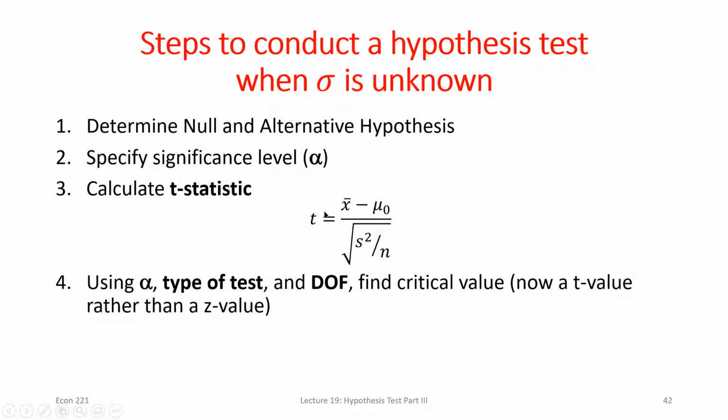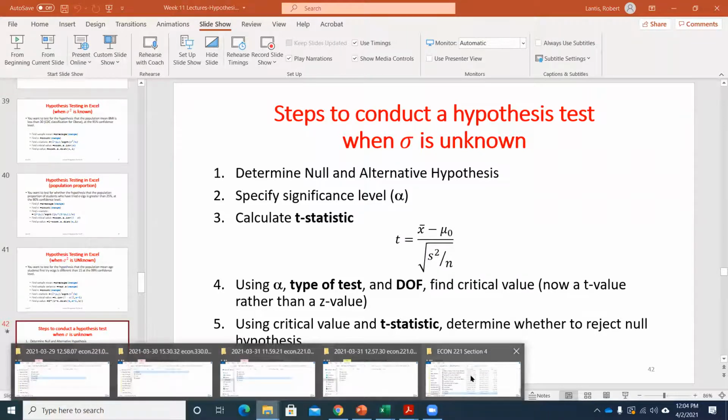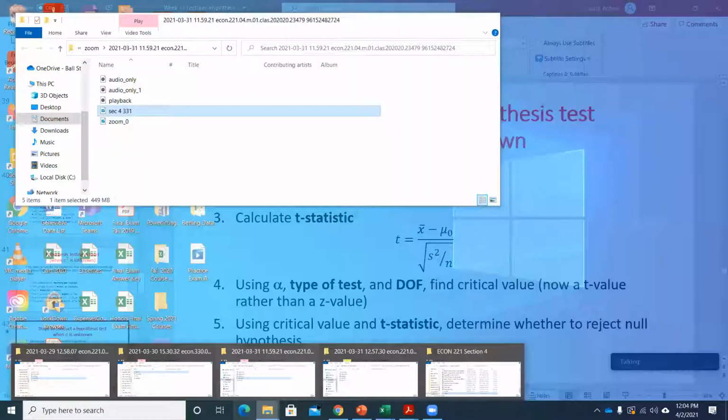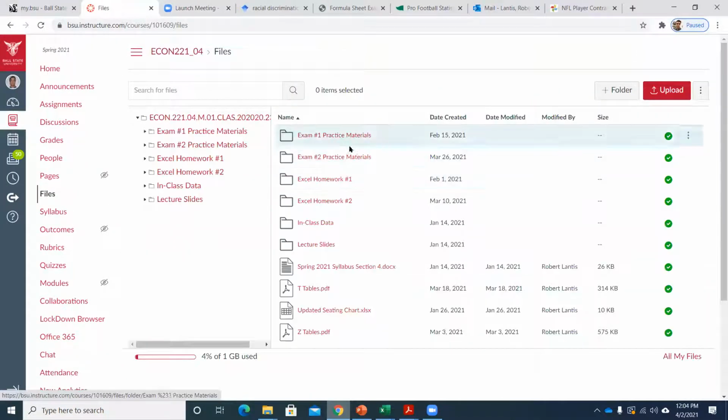And our test statistic equation looks a little different. Instead of a z statistic, we'll call it a t statistic. The only difference from what we were doing before is that instead of using the population variance, we're using the sample variance. So at this point, let me just pull it off of Canvas, because that'll be easy and it'll let me show you where it is.